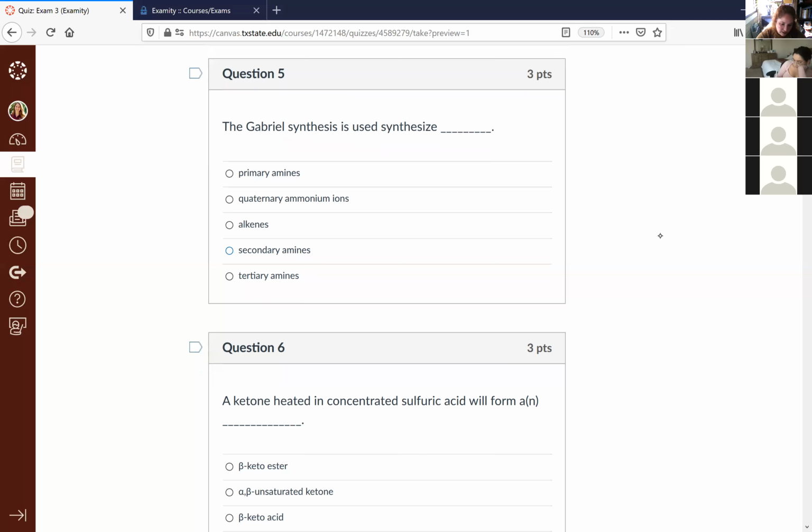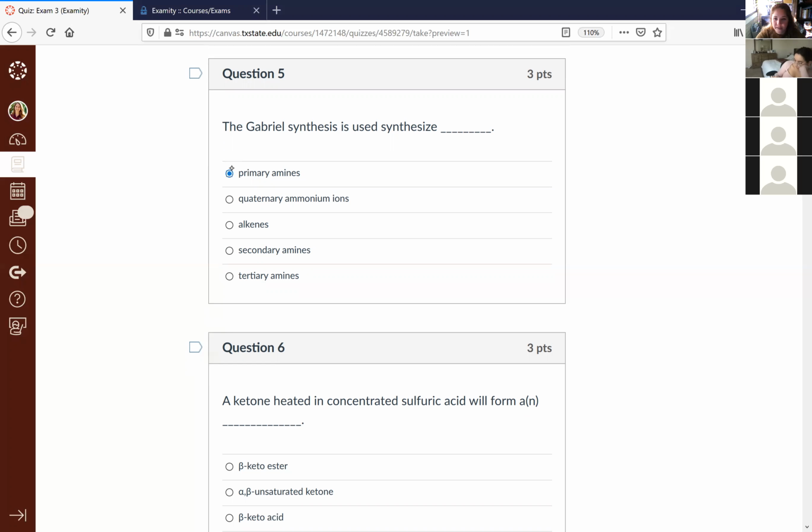This one was just kind of, you either know it or you don't. The Gabriel synthesis is used to synthesize what? Primary amines. So remember all of the weird syntheses that you learned in chapter 20, all of them were to make primary amines.